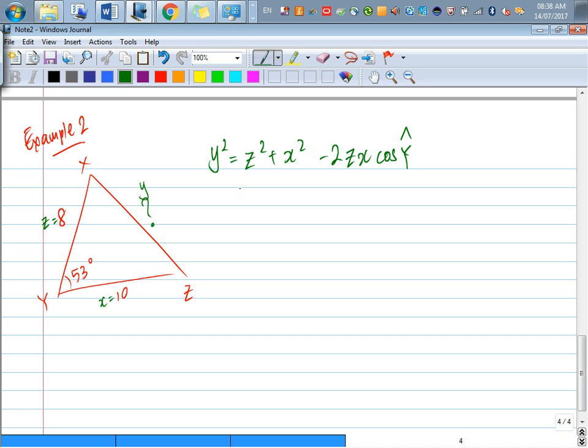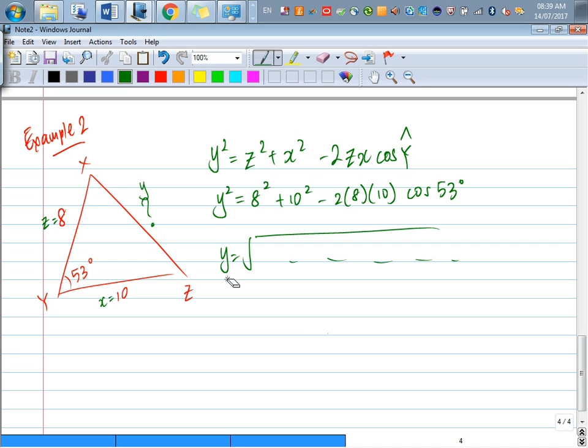So over here, I'm now going to substitute in values. Z is equals to 8. So 8 squared plus 10 squared minus 2 times of 8 times 10 cosine 53 degrees. So this is y squared. So since I want to find y, instead of writing y equals to square root, then I copy everything down, I'm just going to take a shortcut, which you can do also.